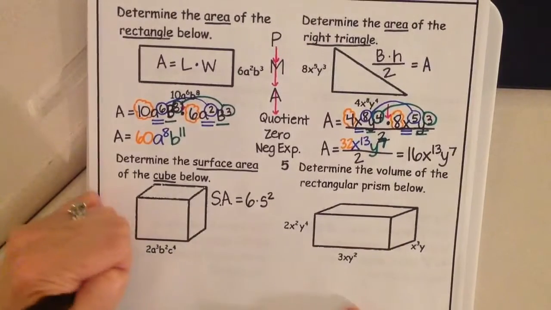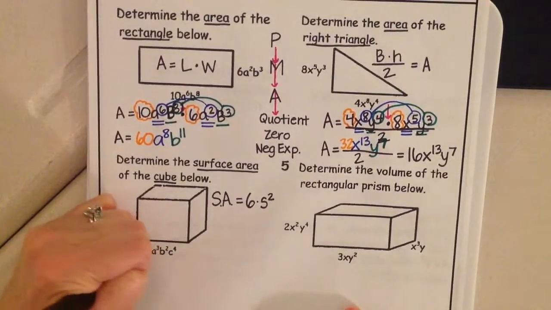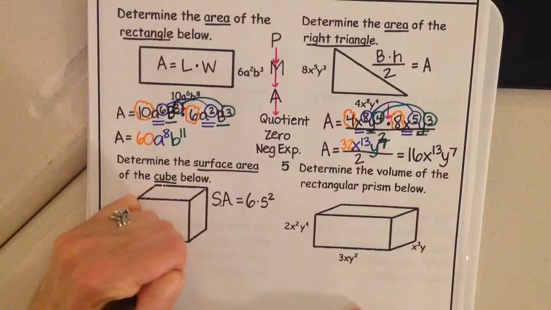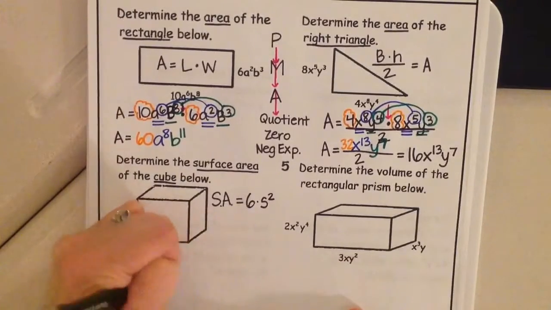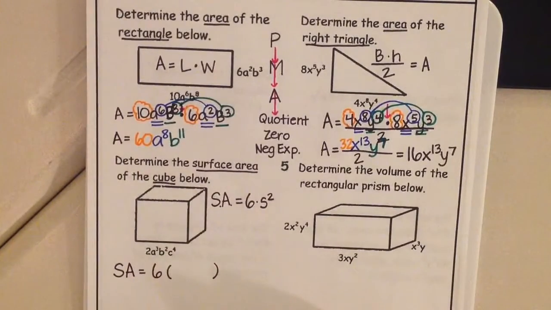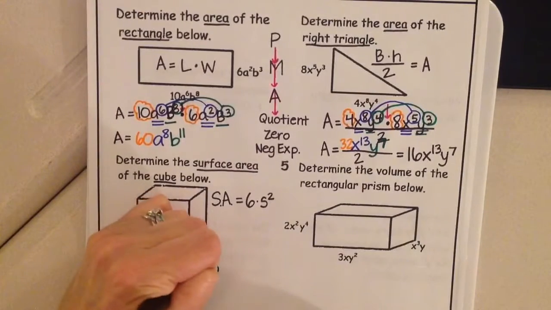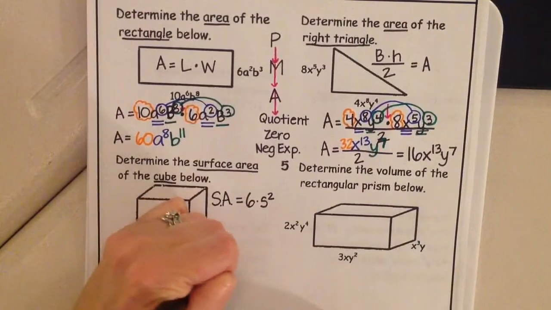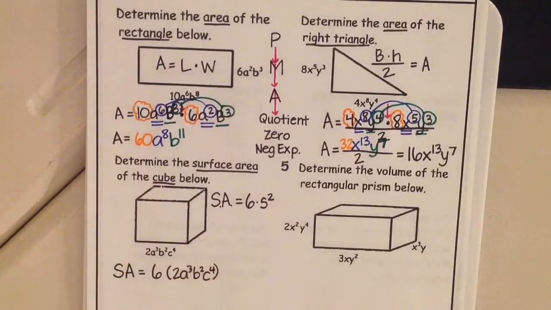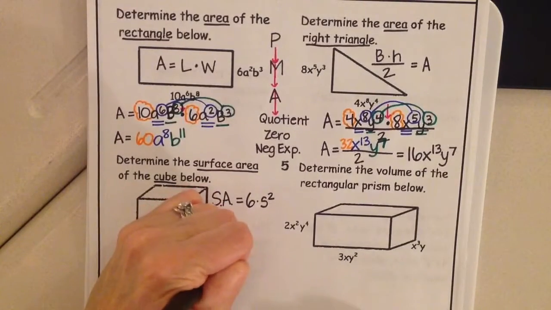All right, so I'm going to find the surface area. So it's going to be 6, and then I'm going to replace s with whatever my side is, and this is the expression they are using for my side. So I'm going to replace s with 2 times a to the third times b squared times c to the fourth. And all of that is going to be raised to a power of 2.